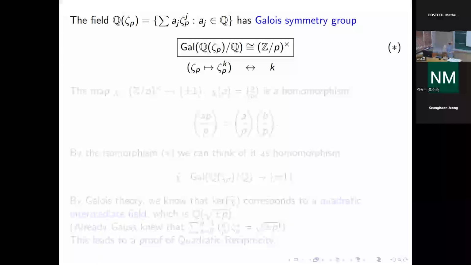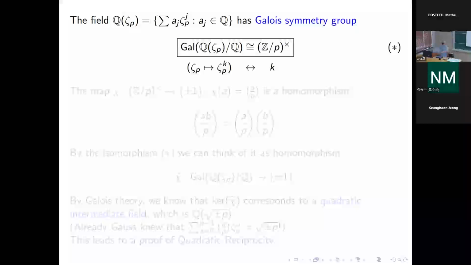And it generates a field, a domain of the complex numbers that's closed under addition, multiplication, and division by non-zero numbers, that contains all the rational numbers, Q, and also this pth root of unity, zeta p. And it's not hard to check that you get precisely all polynomial expressions in zeta p with rational coefficients.